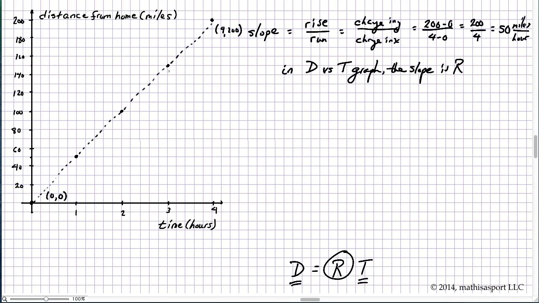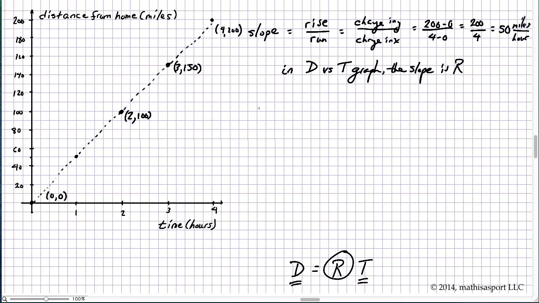Now let's just do one other thing. I want to point out that we didn't just need to work with the endpoints in finding the slope. We could have worked with any pair of points along this straight line. For example, this point here is 3, 150, and this point here, after 2 hours, we'd gone 100 miles.